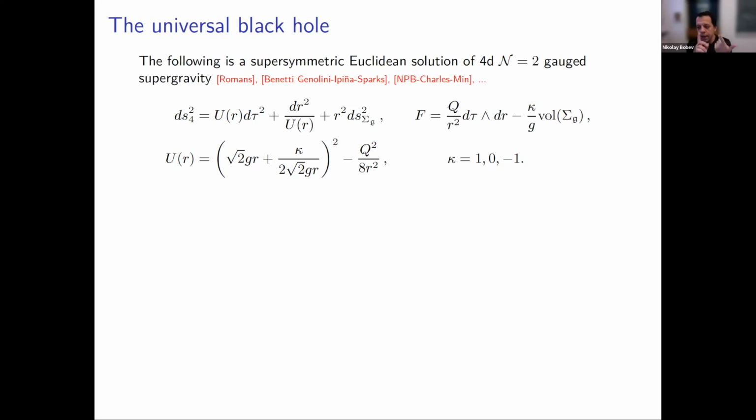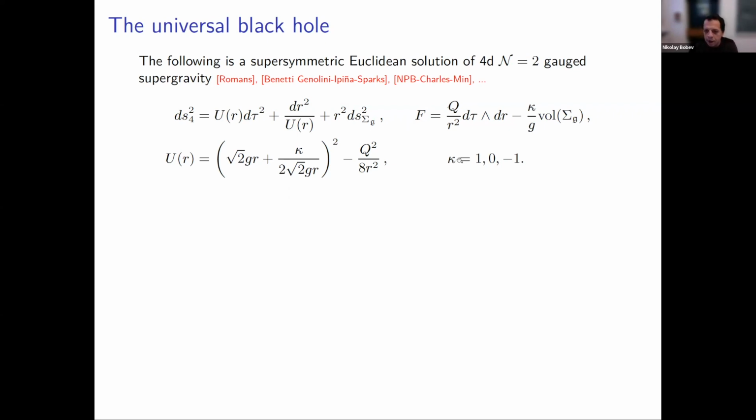I have a metric, a U(1) Maxwell field, and gravitini. I turn off the fermions, I have the metric, which is given here, and the Maxwell field, which is given here as a two-form. I claim that what I've written on these two lines is a supersymmetric background of this 4D supergravity theory that has two real supercharges.